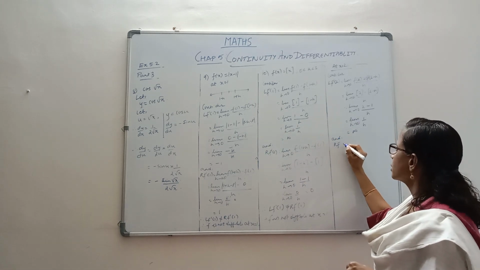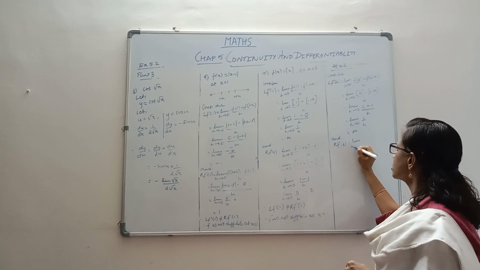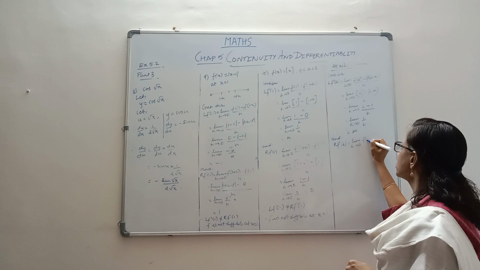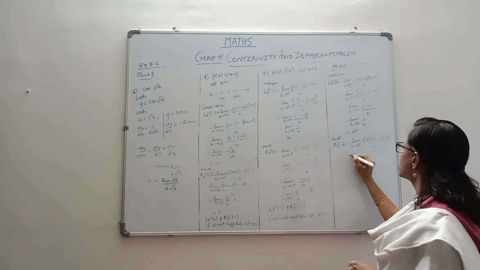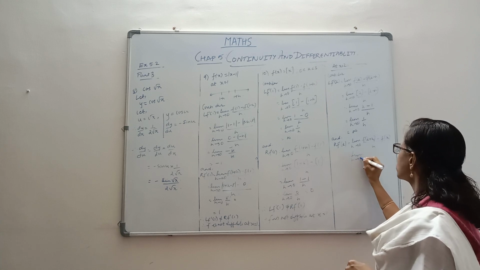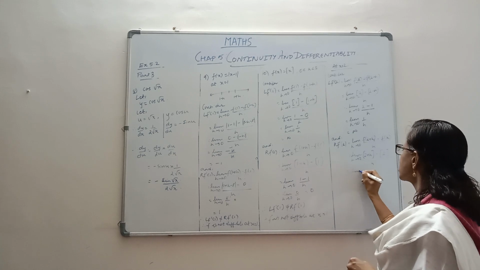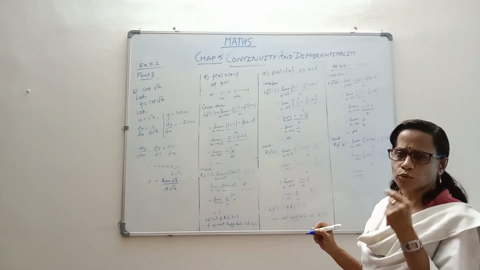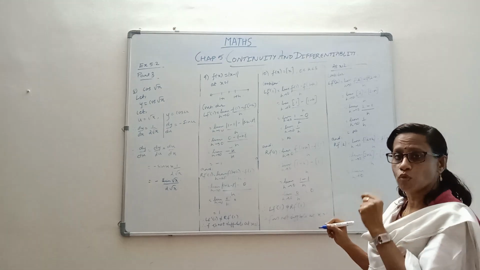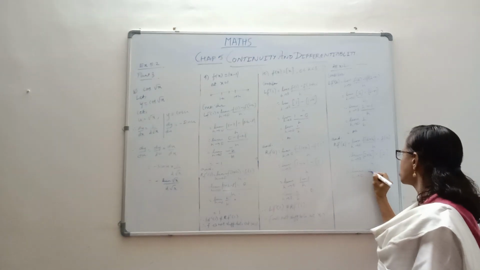Now we will take the next one, the right derivative at 2. Limit as h goes to 0, f of 2 plus h minus f of 2, by h. That is the greatest integer of 2 plus h minus the greatest integer of 2, by h. 2 plus h means 2 plus something, maybe 2.1 or 2.01 or 2.001. The integer before that is definitely 2. So this is going to be 2.